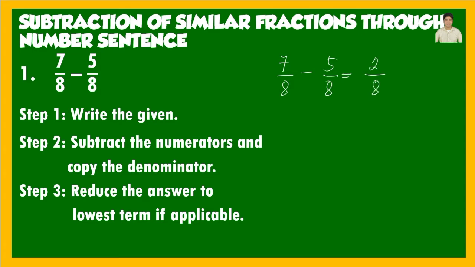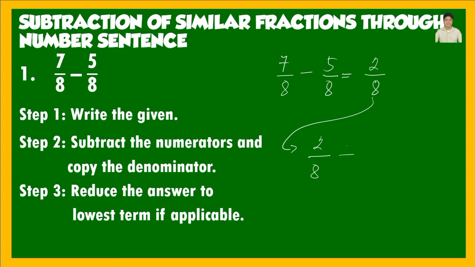Now, let us have the third and final step, which is reducing the answer to lowest term. So, 2 over 8 can still be simplified by getting the greatest common factor. So, sulat lang natin dito, 2 over 8. So, the GCF or the greatest common factor of 2 and 8 is 2.